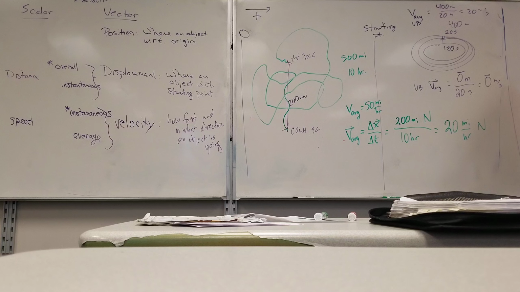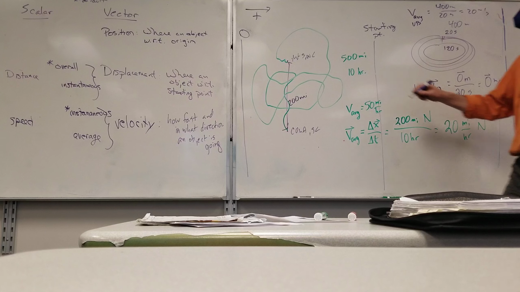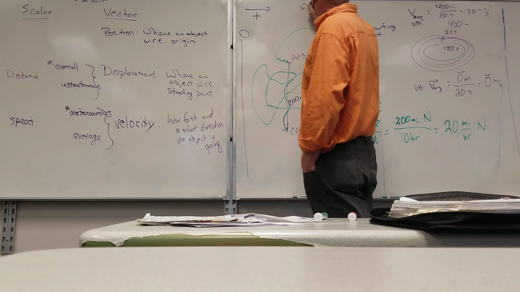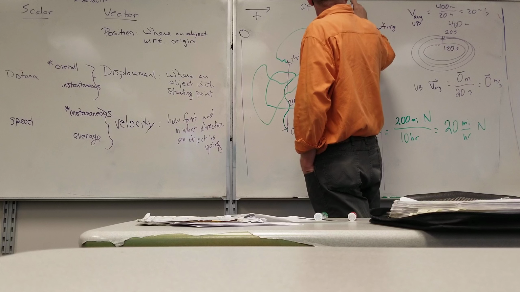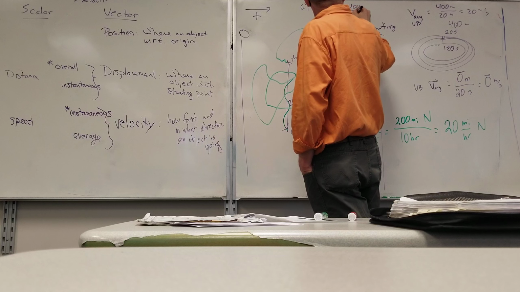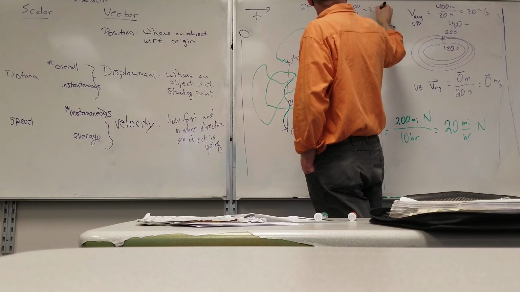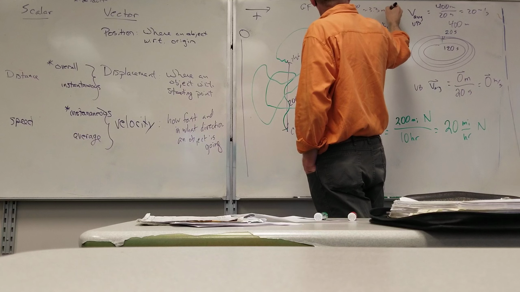Okay. What quantity did we just find? Your speed. Yes, that was my average speed. So my average speed for 400 over 120 is 3.3, I assume repeating, meters per second.